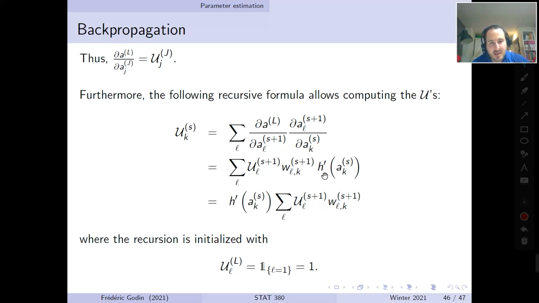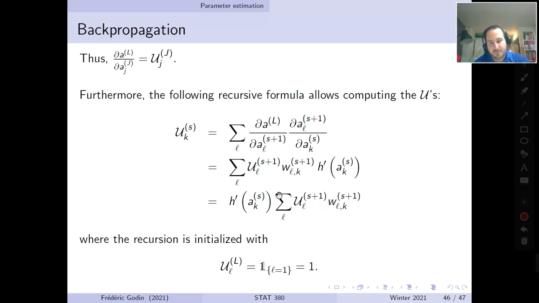And here what we see is that h'(a_k^s) doesn't depend on l, so we can put it in front of the summation and we obtain this. And then we're done because this gives us a recursive computation to get the u_k^s, and what we want is u_j^J. So if we have all the u_k^s, we have this value that we were searching for.